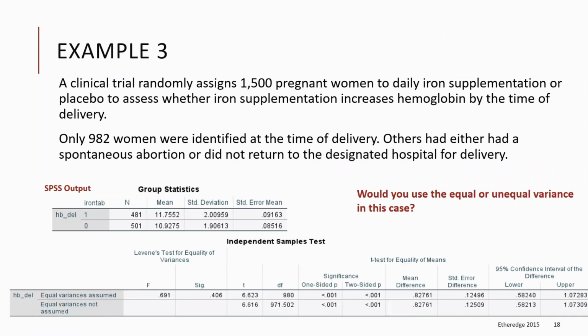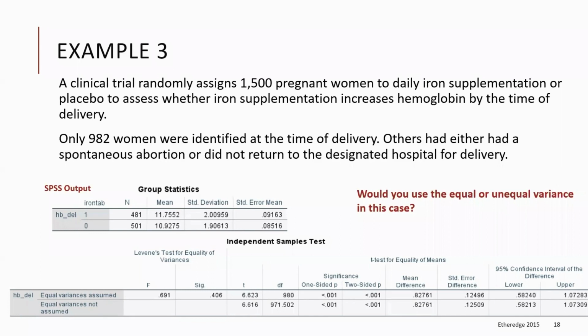So in this particular example, we're looking at a clinical trial where we randomly assign women to daily iron supplementation or a placebo to assess whether the supplementation increases hemoglobin at the time of delivery.